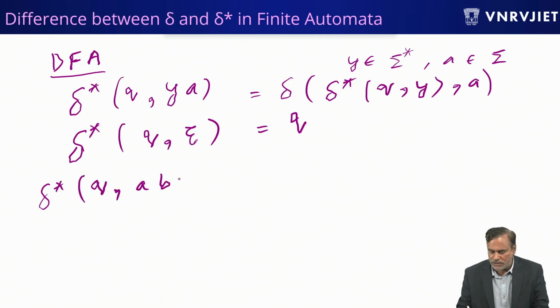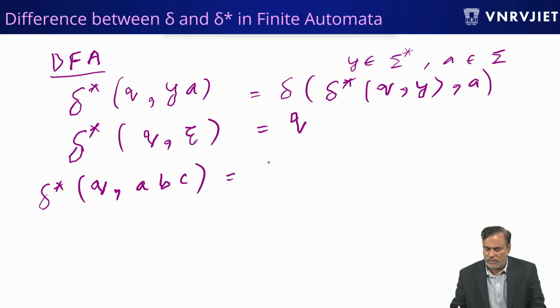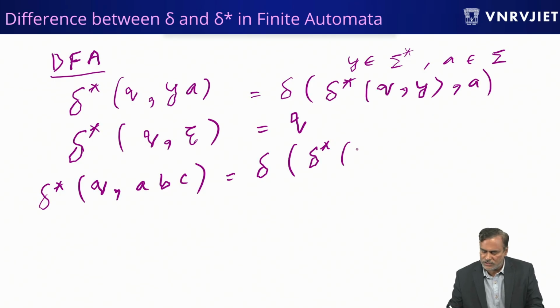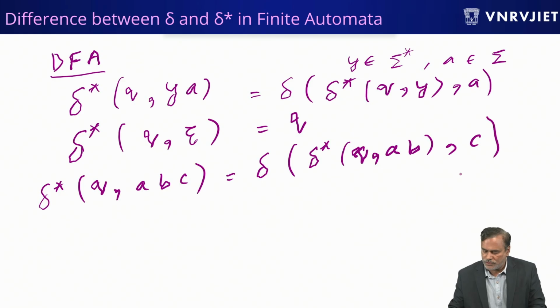How it is going to be processed with respect to this DFA is as follows. First you have to write delta of delta star of Q, AB, because after AB is processed you are going to read C. So delta star of Q, AB, and then C. So this can be rewritten as follows.